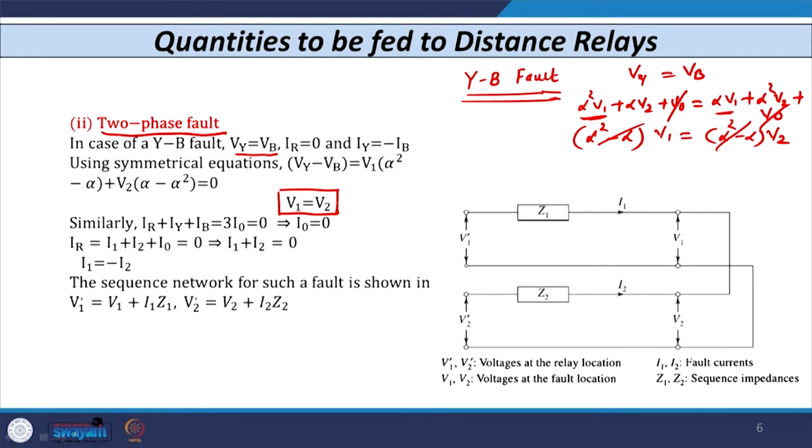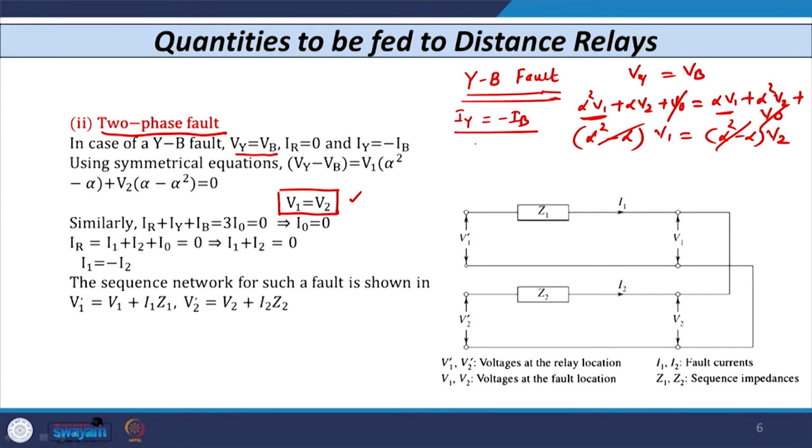So considering a phase to phase fault, say YB fault, V1 is equal to V2, which means the positive and negative sequence voltages are both equal at the fault point. Similarly, if a YB fault occurs, then the R phase current is 0 because its magnitude is very small compared to the Y phase and B phase currents, and Iy, the Y phase current, is equal to minus Ib.